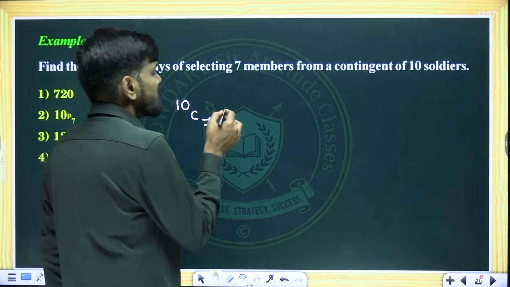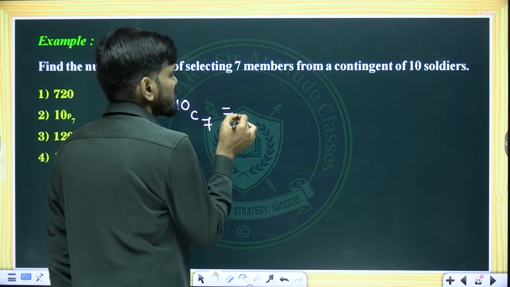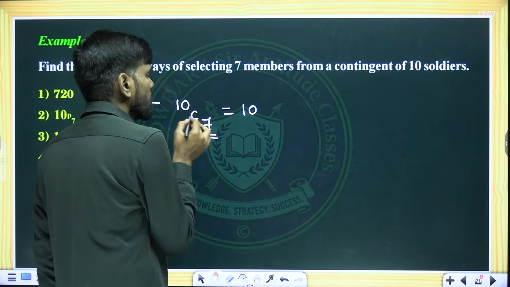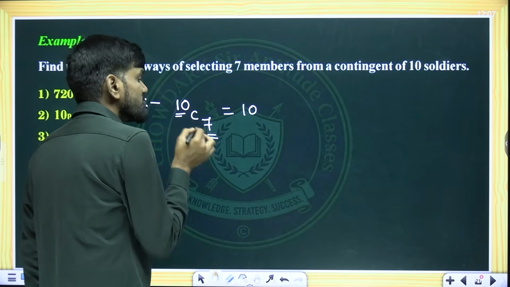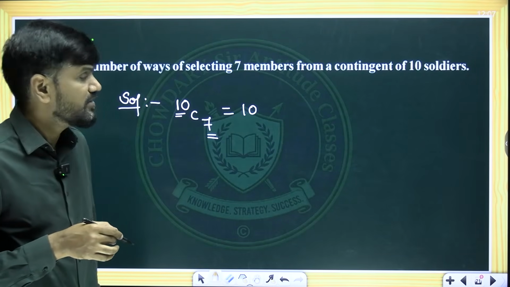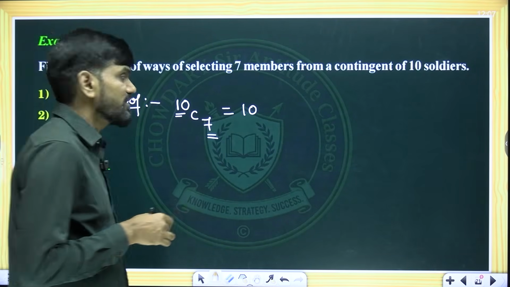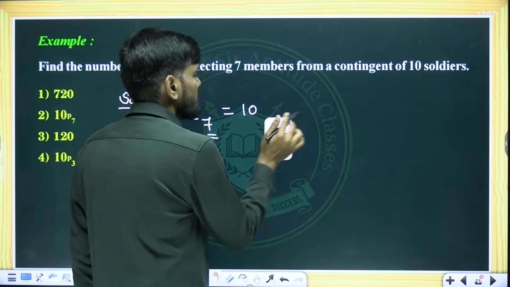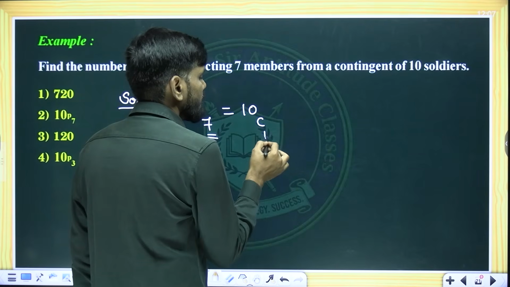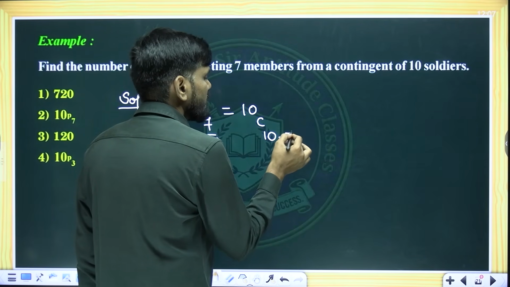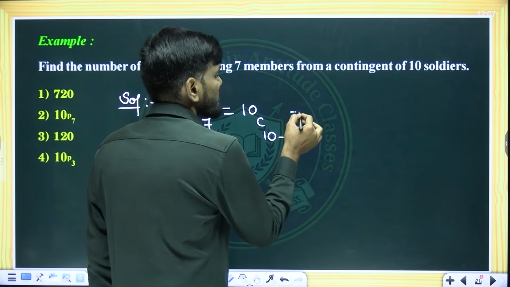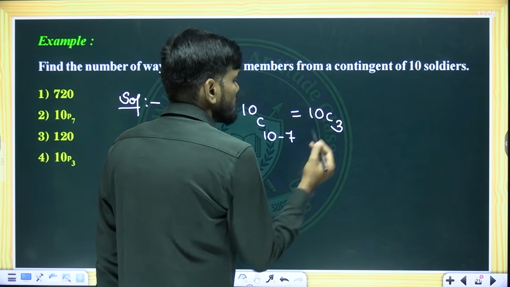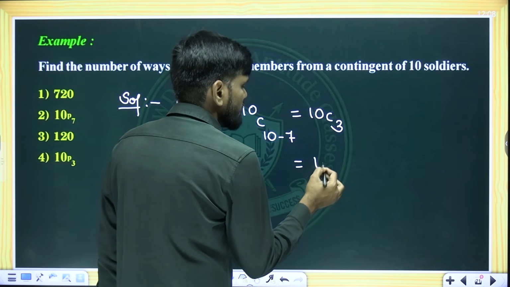10C7 is nothing but nCr, which is nothing but nC(n minus r). As r is more than half of n, we will use nC(n minus r). So that is equal to 10C(10 minus 7), which is nothing but 10C3. How do we simplify 10C3?